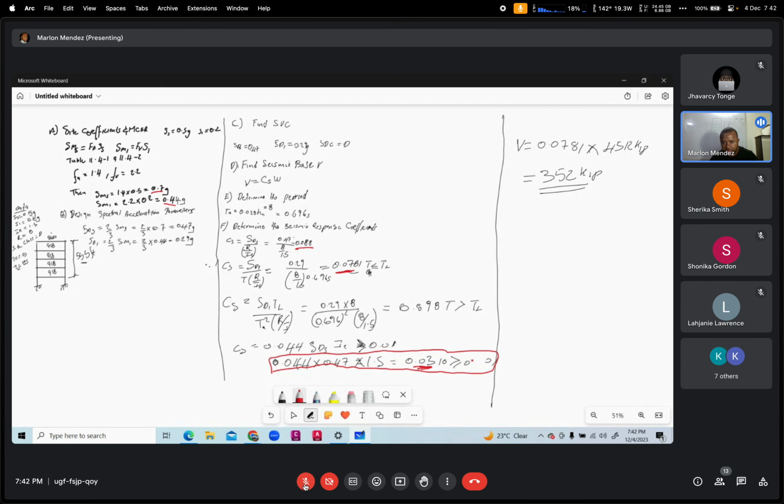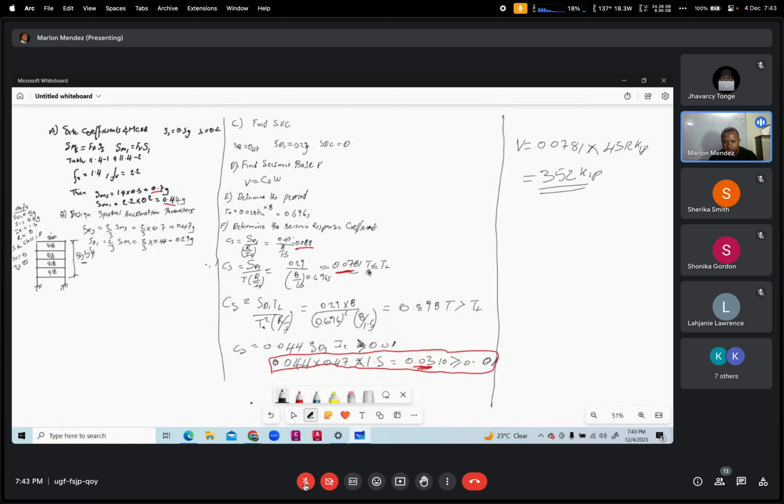Conservatively, sometimes I would advise you to use 1%, which is very conservative. Rather than calculating all of the Cs and so forth, we actually use 0.01. You get that? All right.